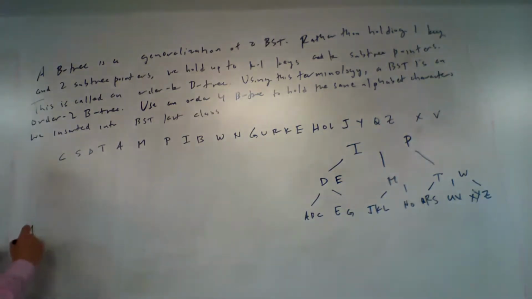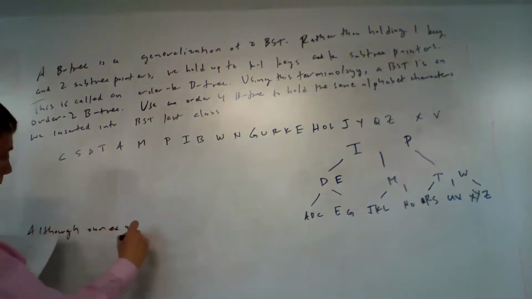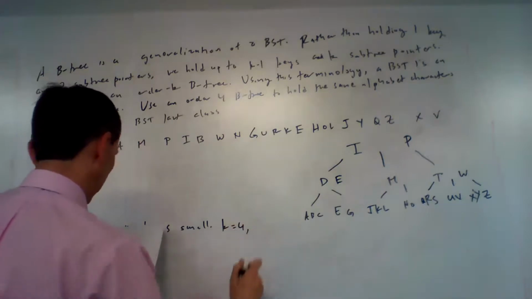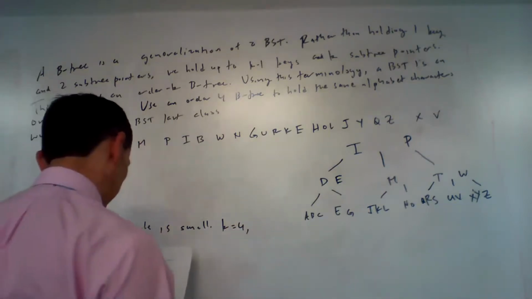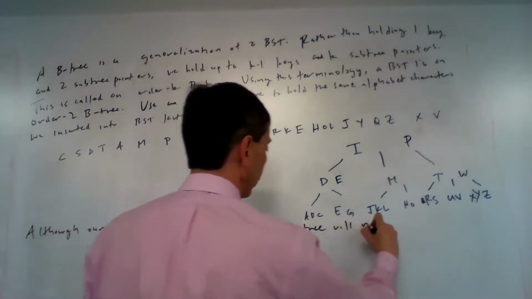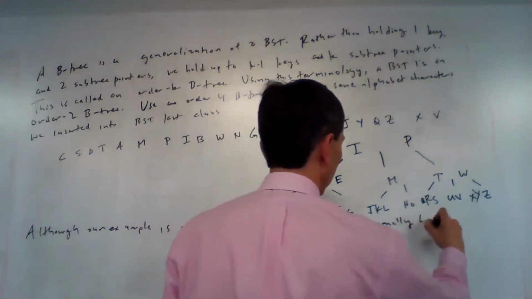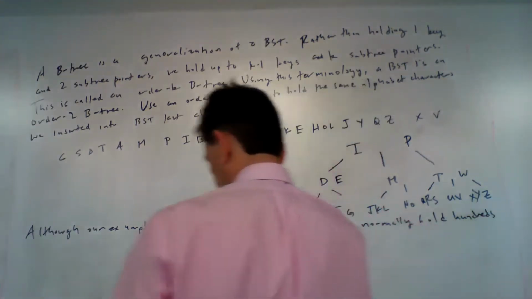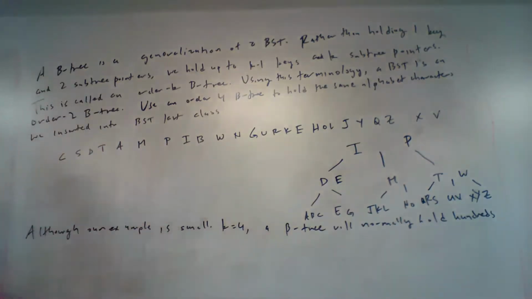So I'll just mention here that although our example is small, k equals 4, a B tree will normally hold hundreds or thousands of keys per node.